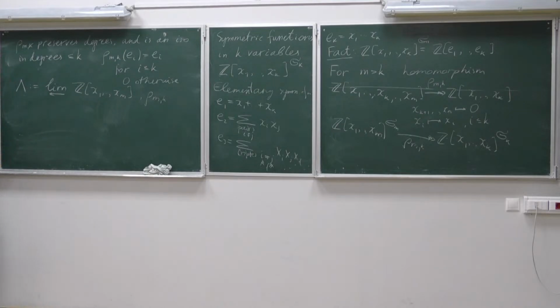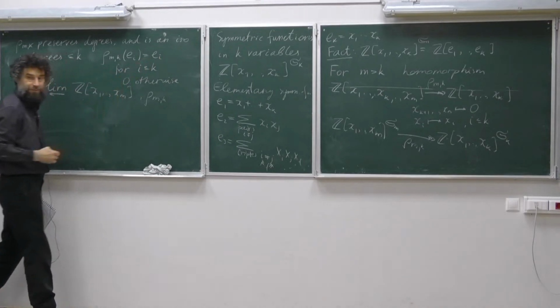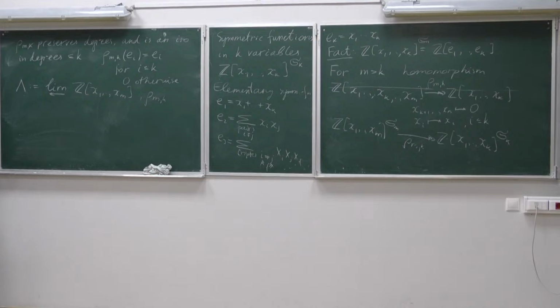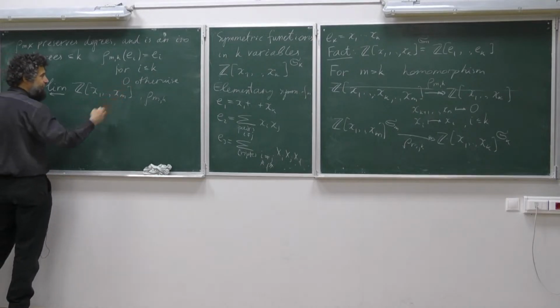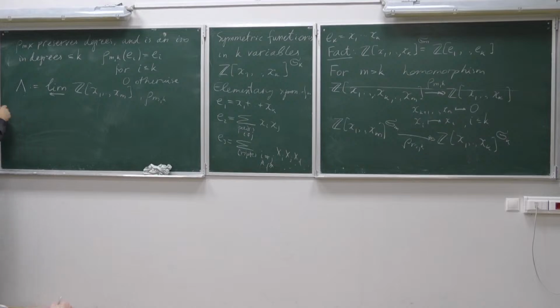Okay, so then it is generated by those elementary symmetric polynomials. This is the fact we still did not prove yet, but we'll prove momentarily.